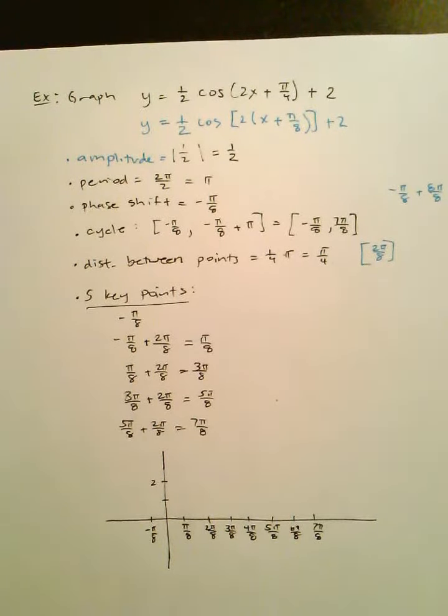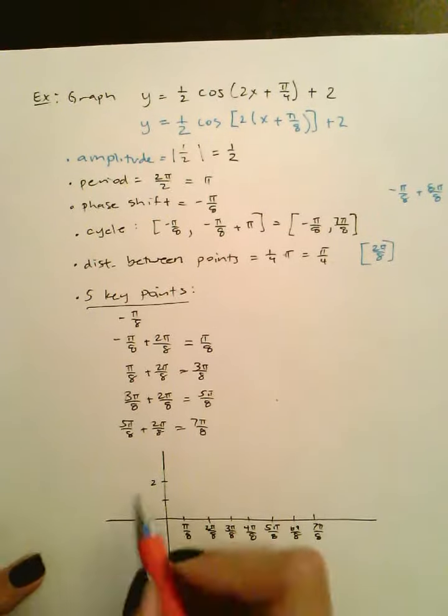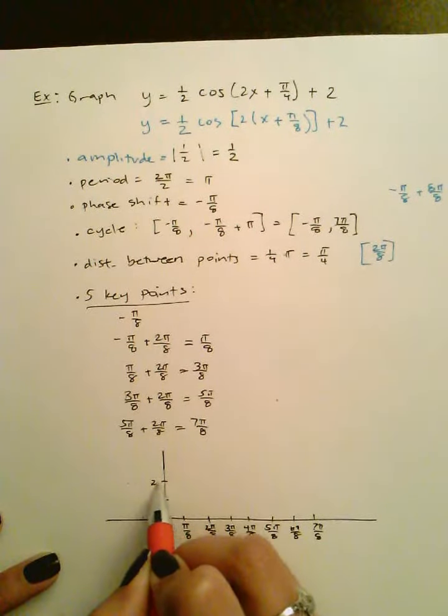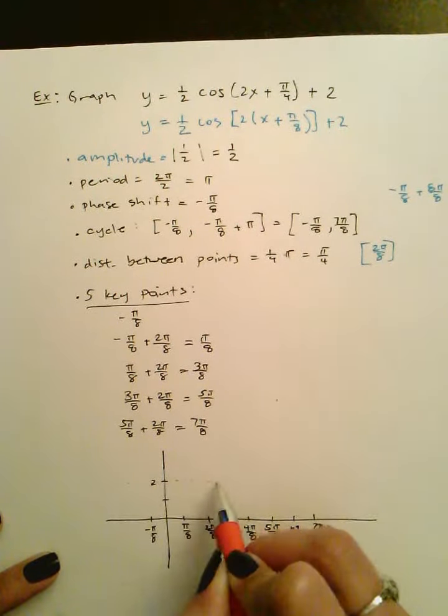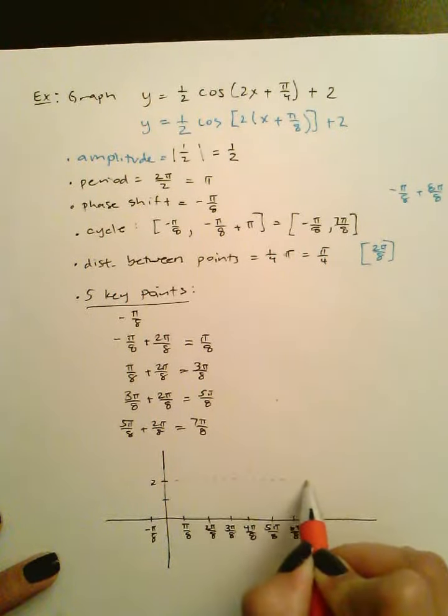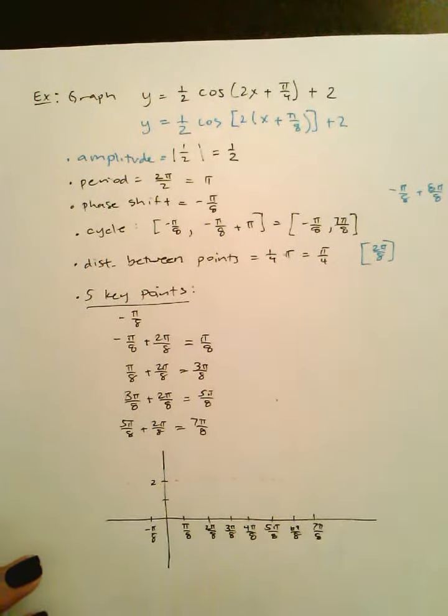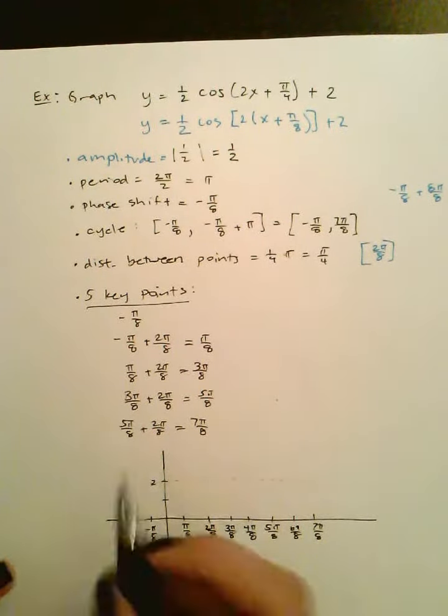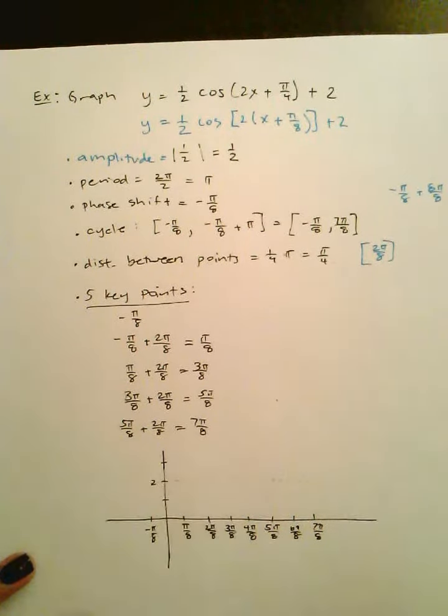What I would suggest is for the center, if there is some kind of shift, draw a dotted line or draw something to show you where it's going to oscillate around. So this is not part of the graph, but this is just going to help me draw my points. Let me also go up by 1 more, because we're going to need to go above that center and below the center as well.